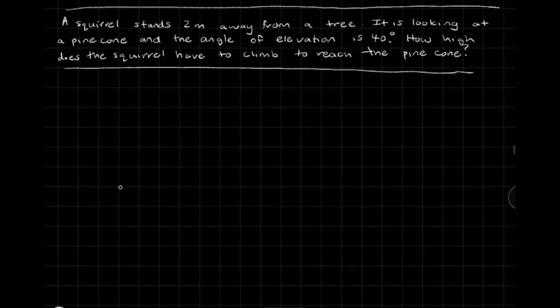So let's say that the squirrel is located here, right? And there's a tree that's located up here. Okay, so there's this tree here that the squirrel is looking at, and then it's looking at a pine cone here. So let's say it's looking at this point, right?